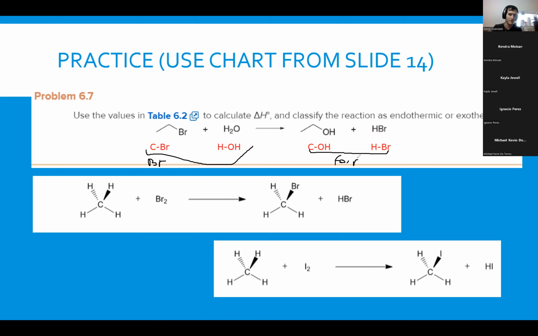Basically, we need to break the bonds that we have in our reactants to form new ones, right? So in general, we're going to be breaking bonds on our reactant side.